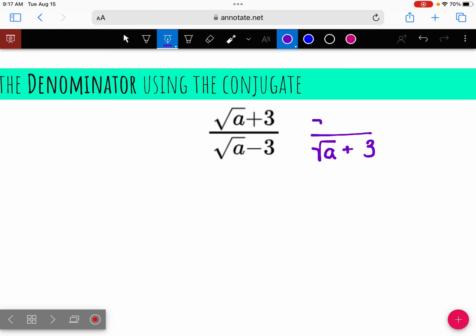And then since I cannot change my expression, I have to make it so we're multiplying by 1. Multiplying by that, right?